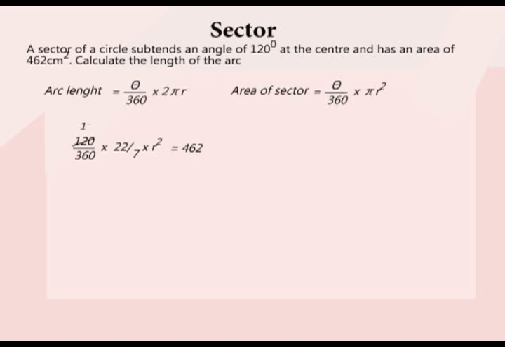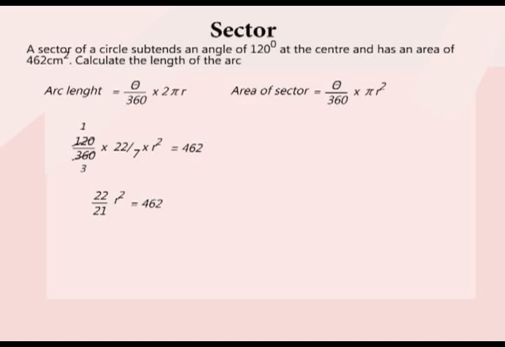120 divided by 360 is 1/3. And so we shall have 22 times r squared over 3 times 7. That gives us 22 over 21 r squared is equal to 462.